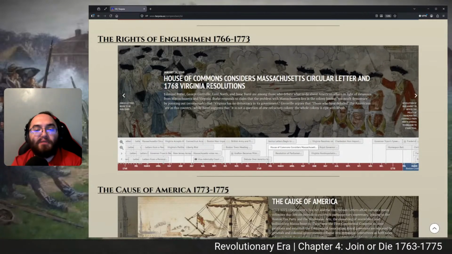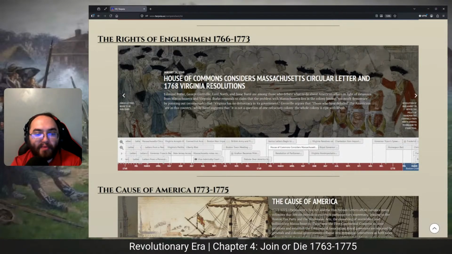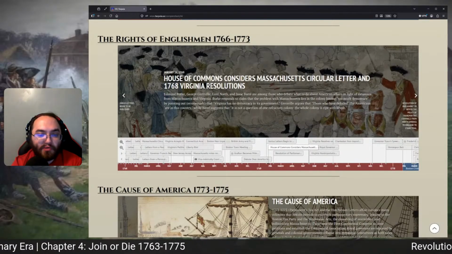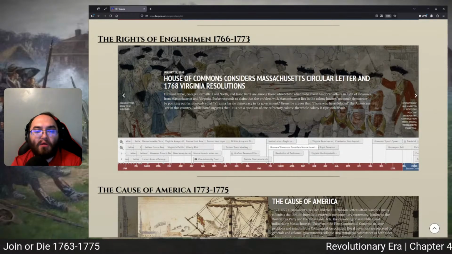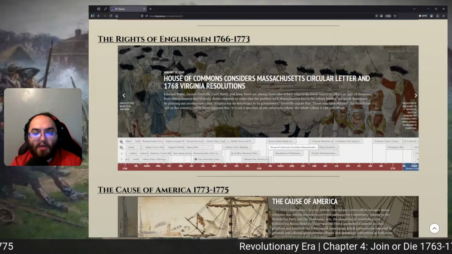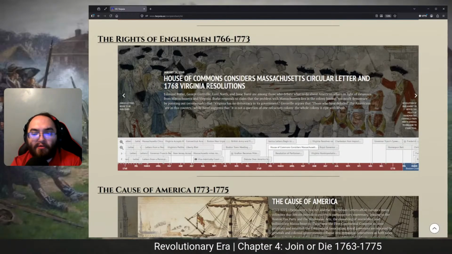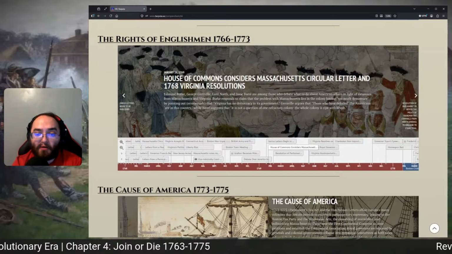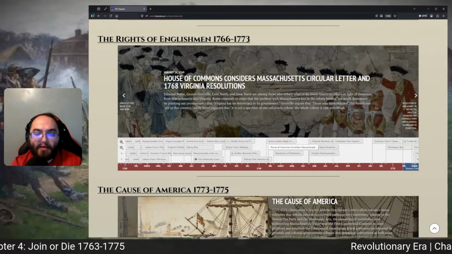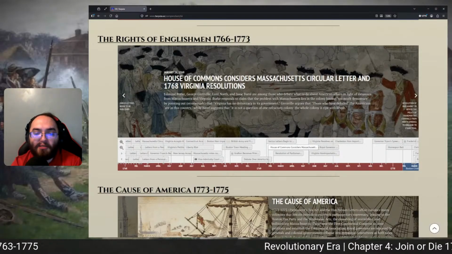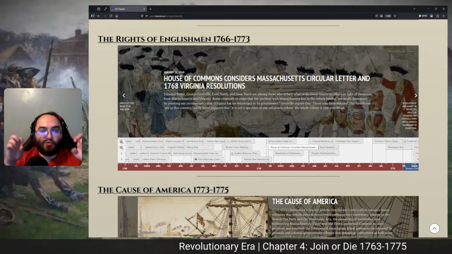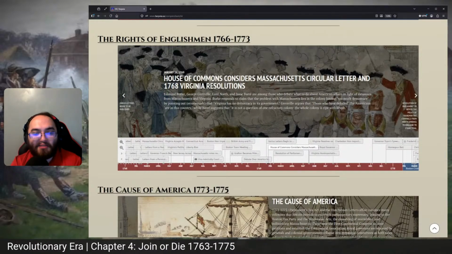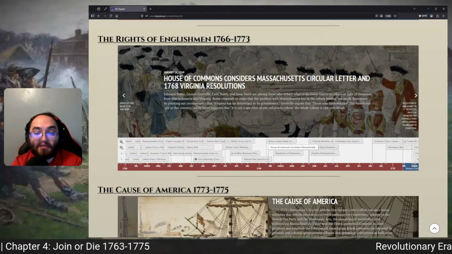House of Commons considers Massachusetts circular letter and 1768 Virginia resolutions. Edmund Burke, George Grenville, Lord North, and Isaac Barr are among those who debate what to do about American affairs in light of measures from Massachusetts and Virginia. Burke responds to claim that the problem with Massachusetts lies in the colony having too much democracy, and points out, erroneously, that Virginia has no democracy in its government.